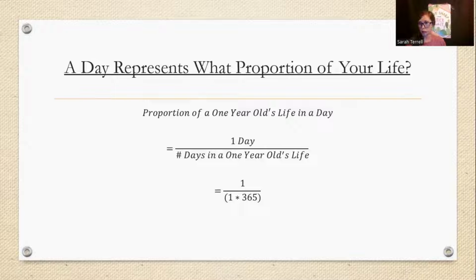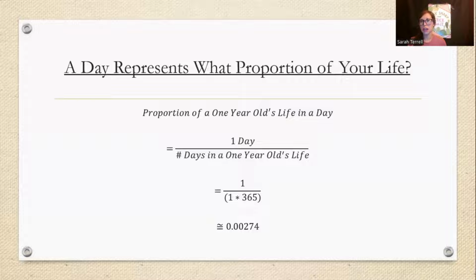We have a 1-year-old, which is where we get the 1 in the denominator, and we multiply that by 365, the number of days in a year, which gives us a decimal of about 0.00274.